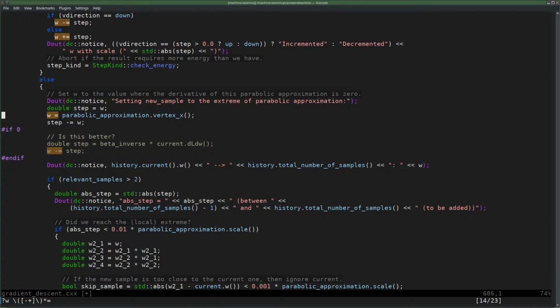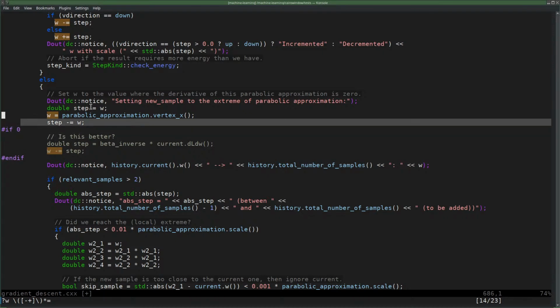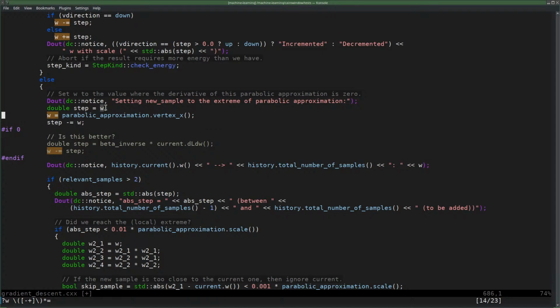That's close to current probably, because current is then this difference with the W. Yeah, step is now, it's before I had this, but so now I'm saying step is actually, I think this W is current. Let me check that.